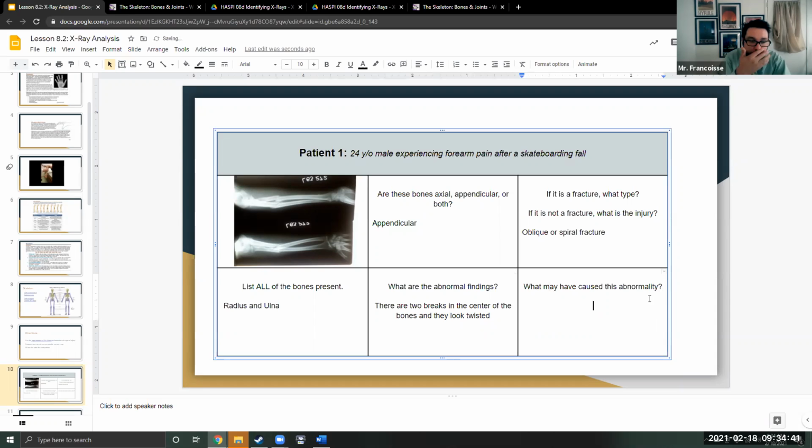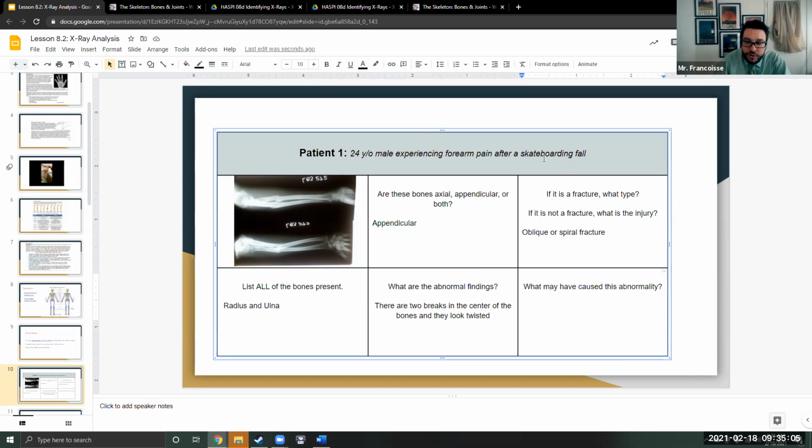So what may have caused this abnormality? Let's look at the patient himself. It's a 24-year-old male who experienced pain after a skateboard fall. So how could a skateboard fall have caused this? This gives you the background, right?